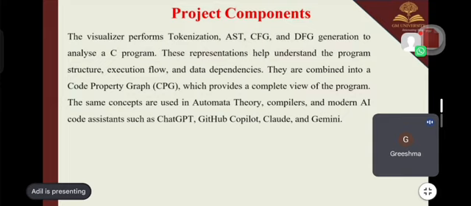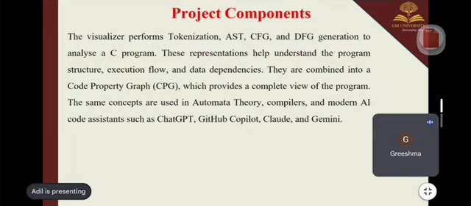In this phase, the source code is broken into smaller units called tokens, such as keywords, identifiers, operators, constants, and symbols. The second component is the abstract syntax tree or AST.